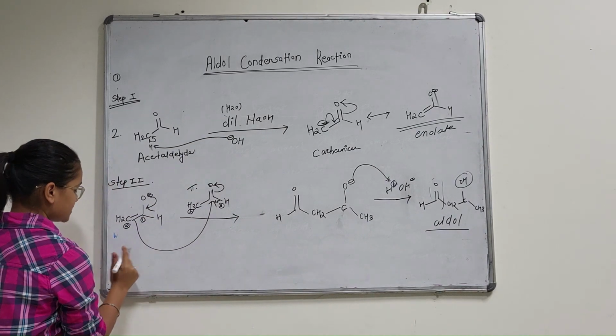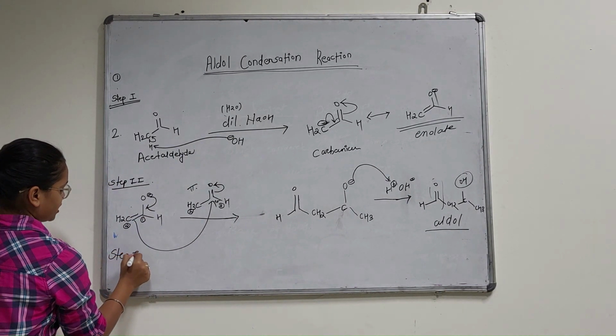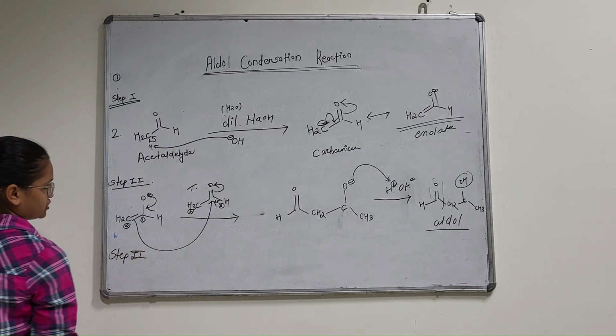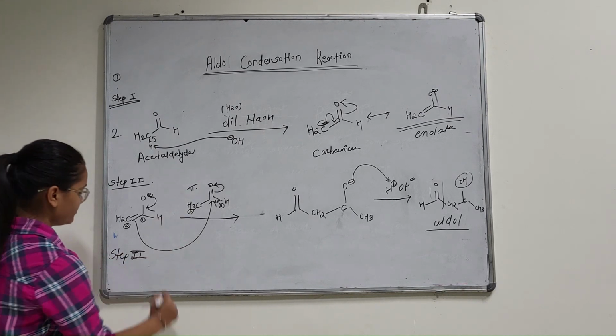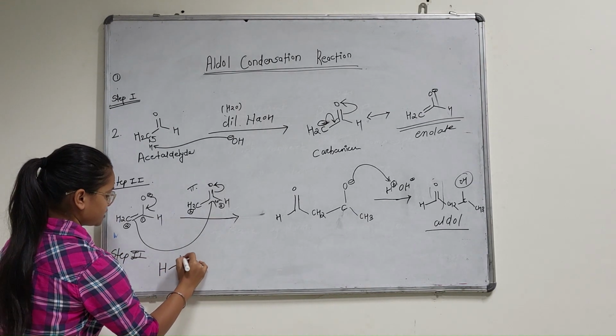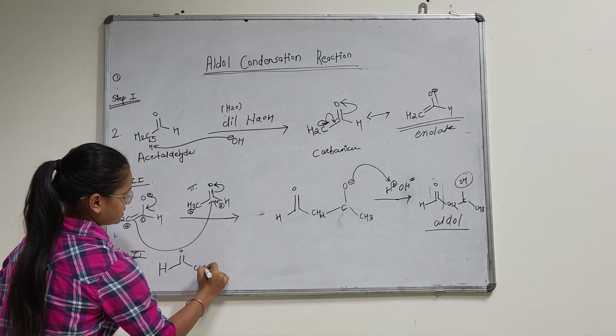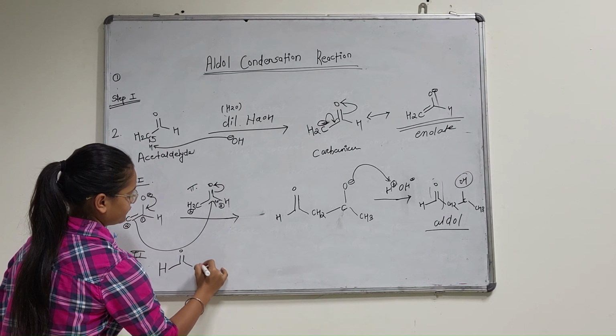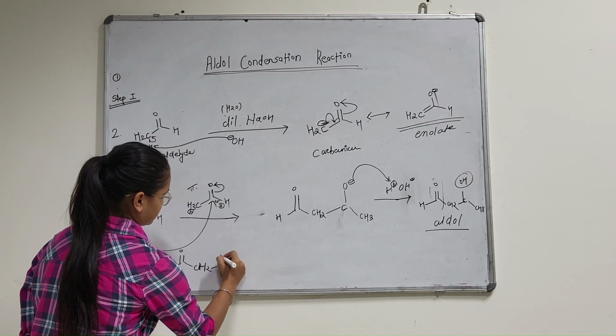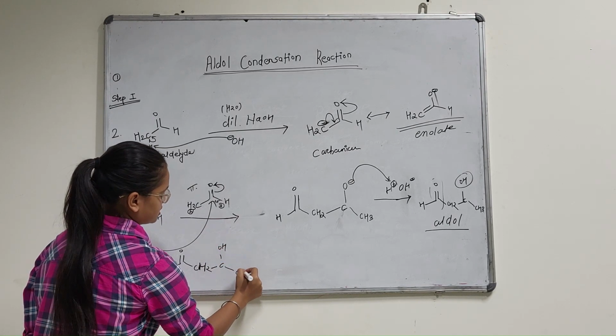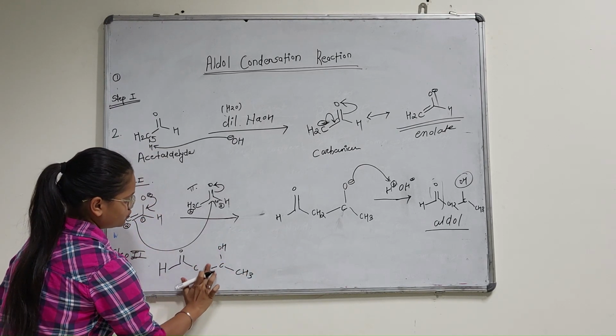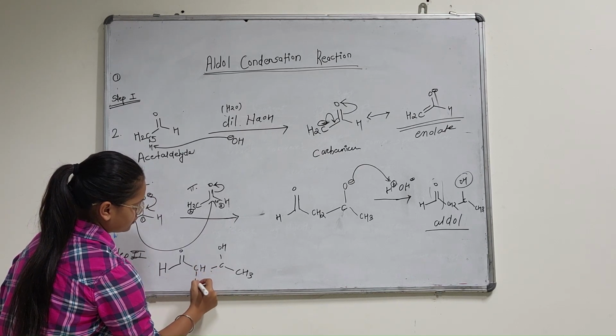Now there is a last step of this reaction, an important step. So what simply happens in the last step? The last step is the condensation step. Take the product that we formed in the second step, carbon, OH and CH3. We can write CH2 like CH and hydrogen.